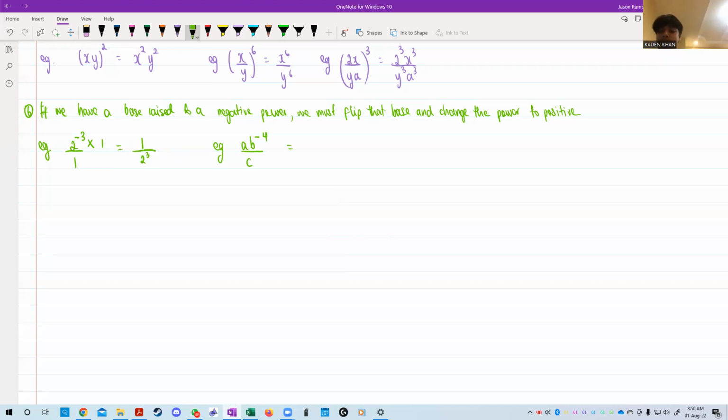What power is on C? 1. Again, this has a 1 here and this has a 1 here. We just don't write it because it's understood. So the A remains there, the C remains there, and the only thing that moves is the B to the power of minus 4, and it becomes B to the power of 4.